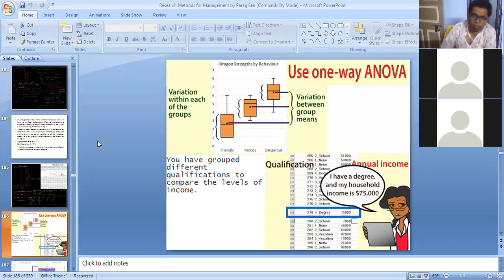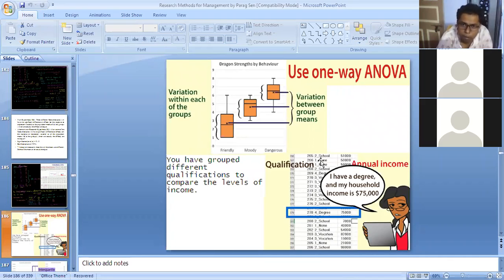So just have a look at this example. In this example, suppose you have different levels of income. This income level is your dependent variable, and your independent variable is the degree.